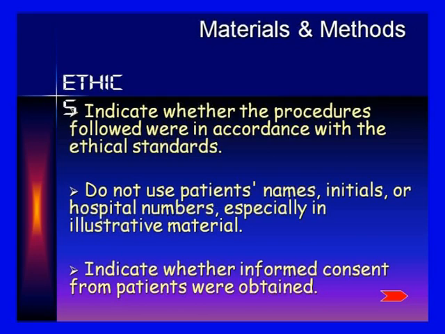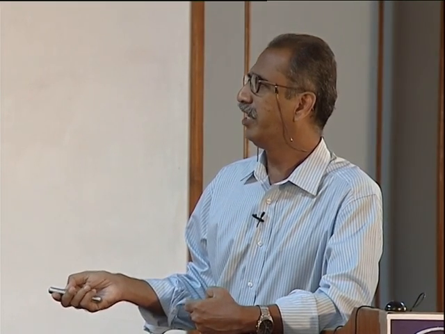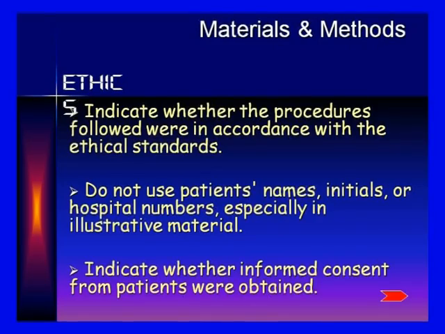Even illustrative material, photographs, or any information that can identify the patient should be avoided. If you are using a photograph, it has to be blackened in such a way that no one is able to identify the patient. Then indicate whether informed consent from patients was obtained.